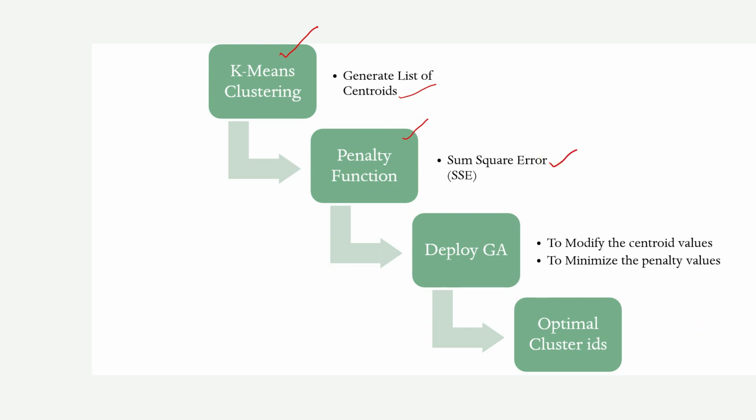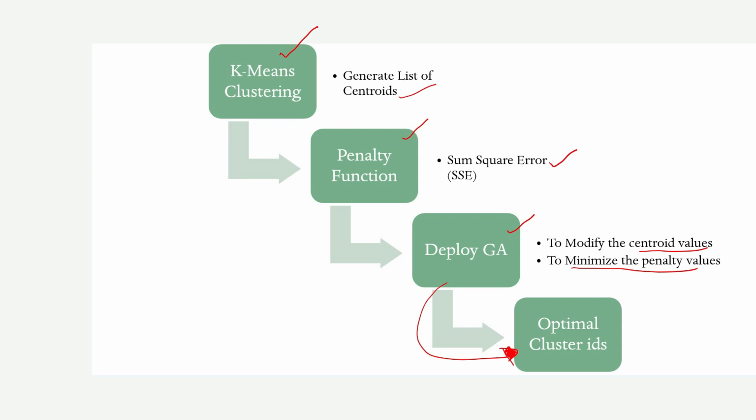When all the clusters have equal size, the sum of squares will ideally be 0. Initially it may be very high, and the genetic algorithm has to bring it down. After forming this penalty function, we deploy the genetic algorithm to modify the centroid values and minimize the penalty values. After a couple of iterations, it will give us the optimal cluster IDs and the optimal penalty function value. It is as simple as that.